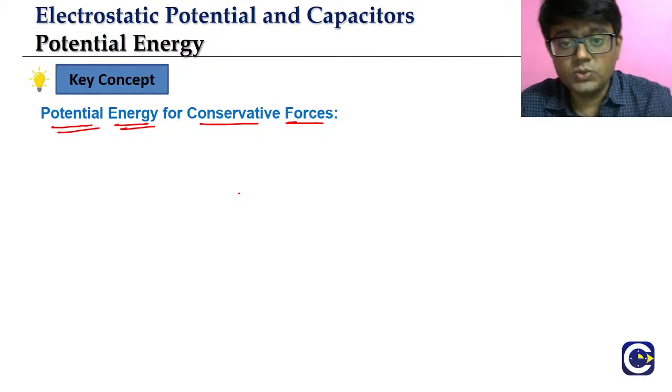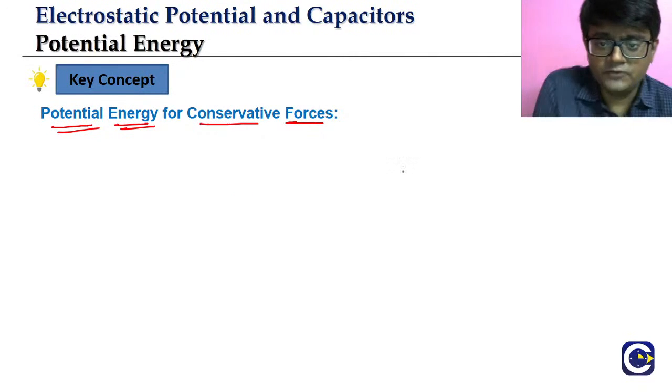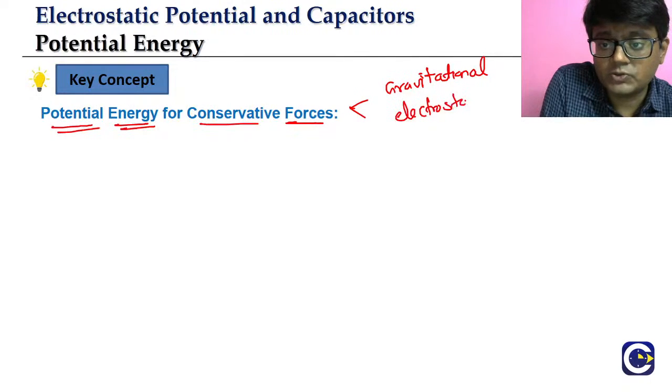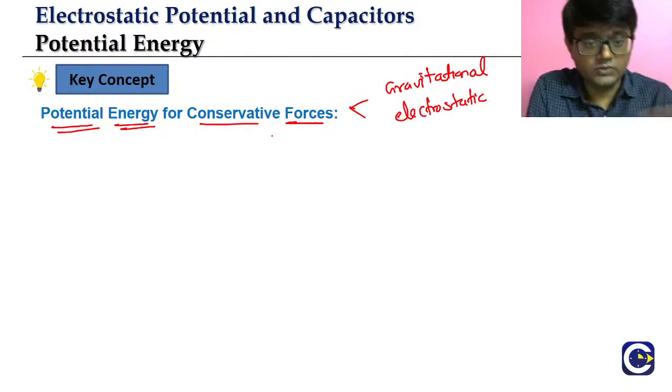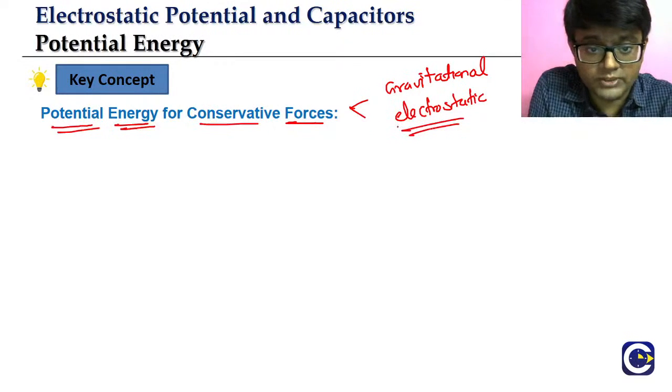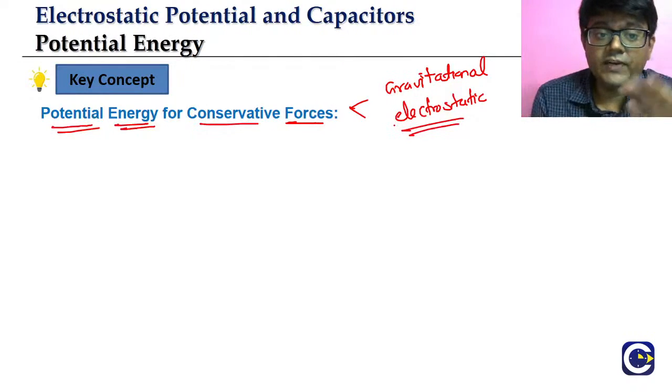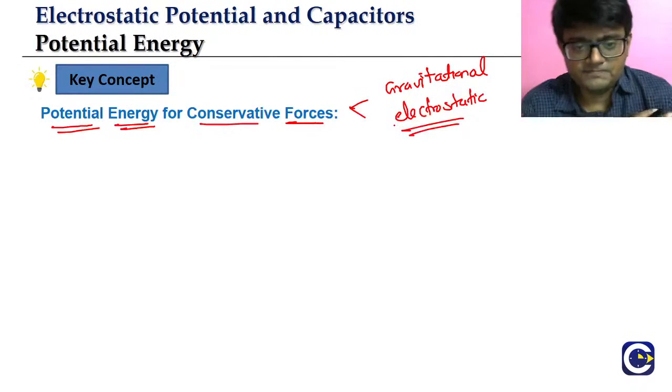Potential energy term we use only for what? Conservative force. Examples we have: gravitational force, that is a conservative force, and the electrostatic force. So we'll see electrostatic force is also a conservative force.